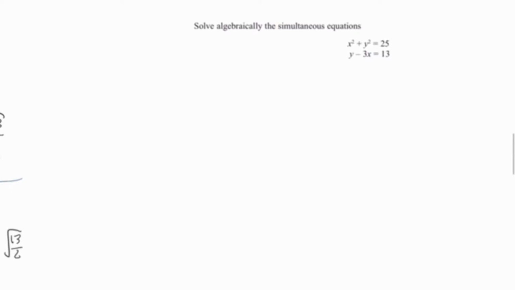So let's see what our next question was. Okay, so now we have simultaneous equations. Here we have quadratic simultaneous equations. Now the way you solve these is slightly different to normal simultaneous equations, but all you need to do is, first of all, look at your linear equation, the one with no squares in it.